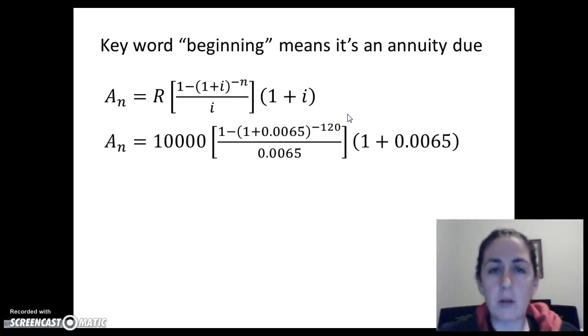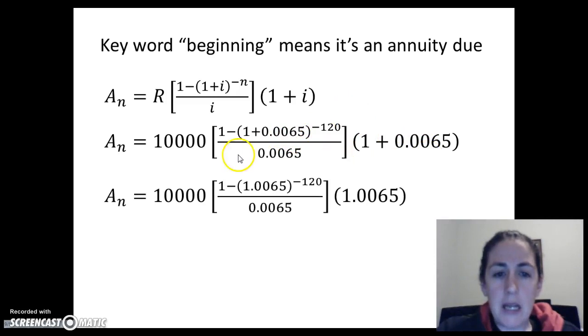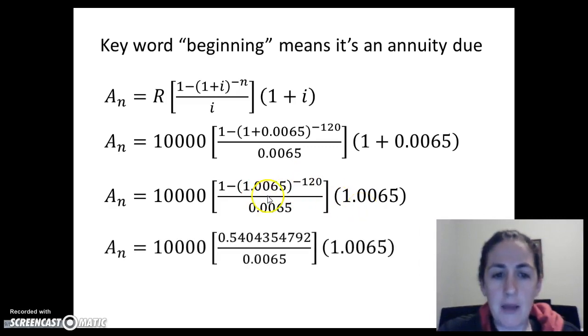Now we just have to slowly go through our calculations. Do all your basic simplifications first, the 1 plus 0.0065 here and here. Now, just like we did before, I'll take this 1.0065 and raise it to the negative 120th power, and then subtract that from 1. Take these two numbers and divide them.